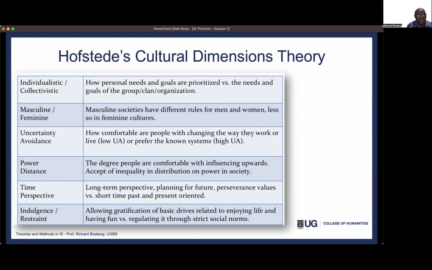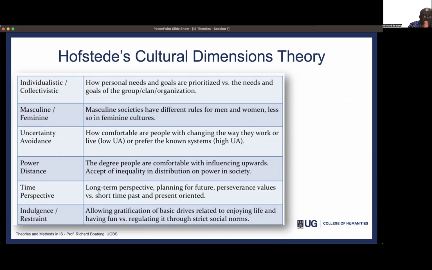Okay. Power distance: the degree to which people are comfortable with influencing upwards, accepting inequality in the distribution of power in society. Sometimes people accept inequality in their society because of the power that exists. It's something that is observable within some of the communities.